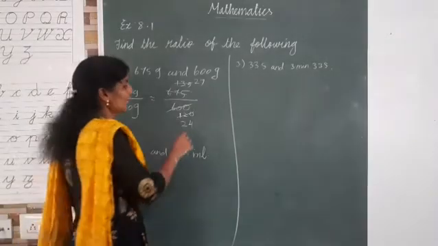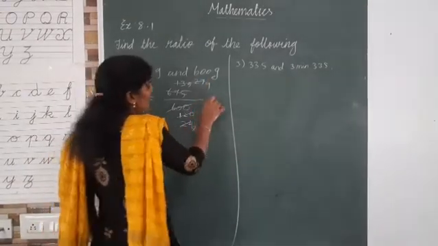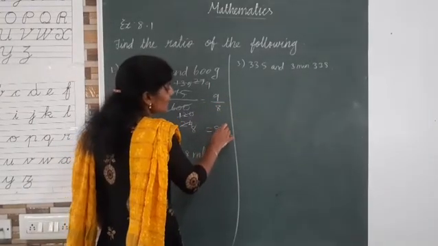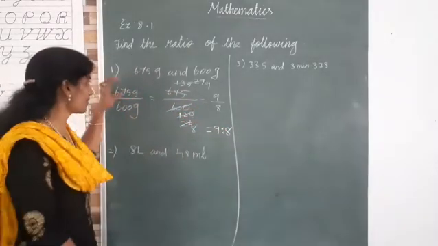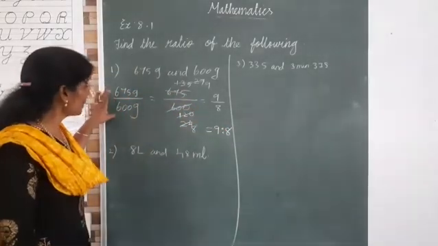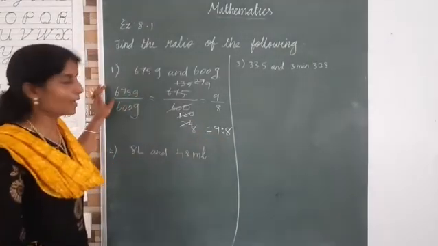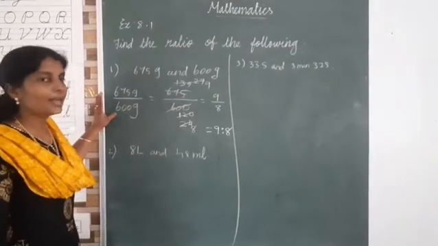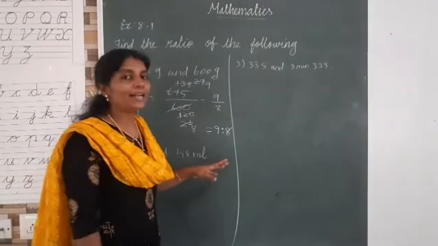Now here we can use the 3 table, 8 3s are 24, 9 3s are 27. So 9 by 8, what is the ratio? 9 is to 8 is the ratio. This is the simplest form of 675 divided by 600. This is the ratio form of 675 divided by 600. Clear?